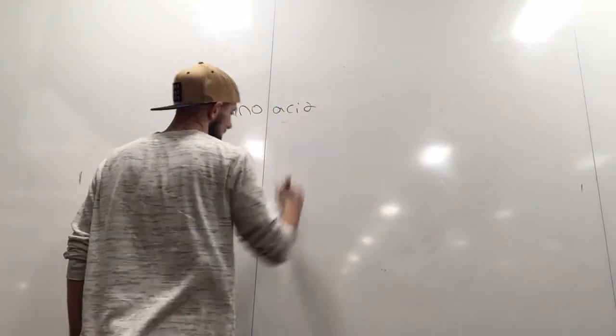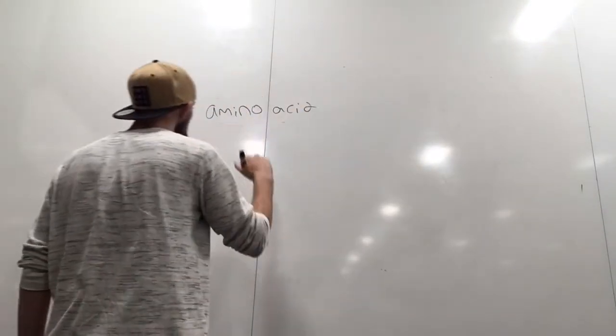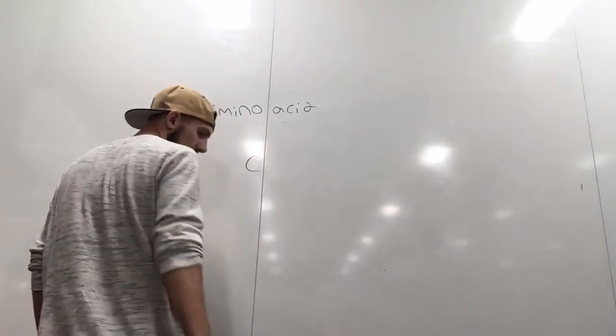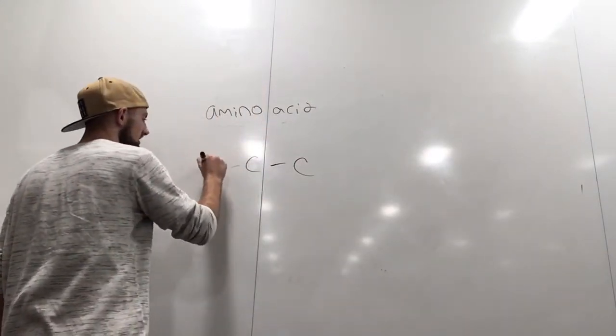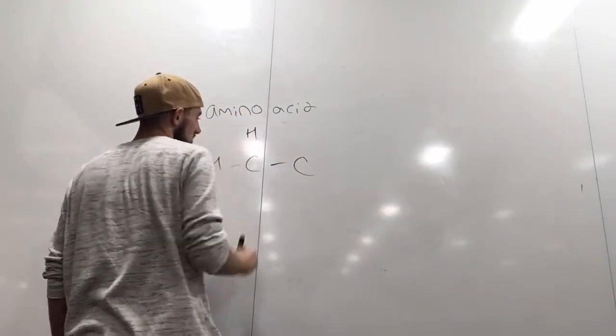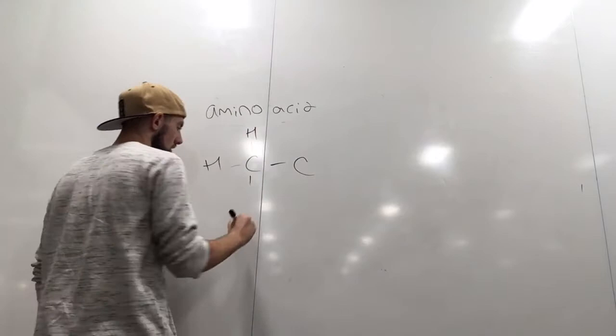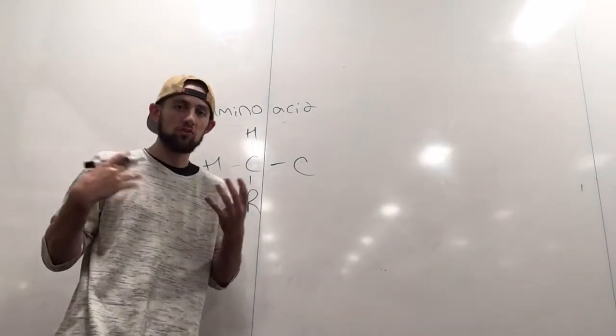At the very center of the amino acid, we have a carbon. And we have a carbon attached to that. We have a hydrogen attached to the other side. We even have a hydrogen attached to the top of it. And below this, we have R. What is R? Well, R is an R group, or a functional group.